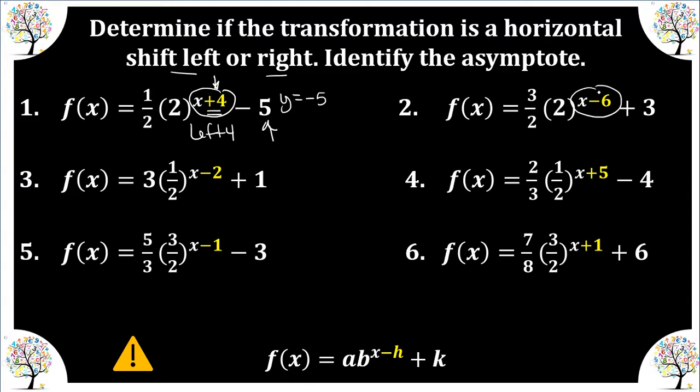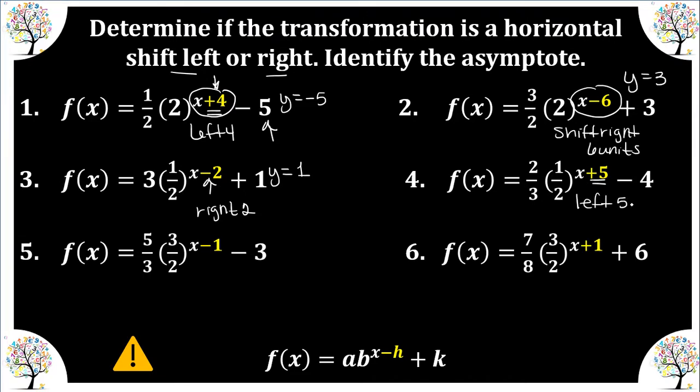In number 2, when you subtract, you are going to shift to the right 6 units. Our asymptote is y equals 3. In number 3, when we subtract, we're going to go to the right 2 units. Our asymptote is y equals 1. Number 4, when we add to the x, we are shifting left.